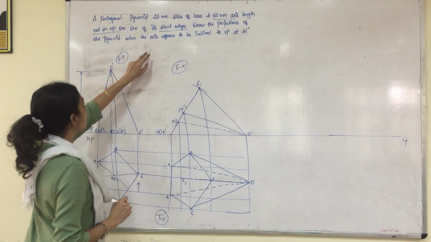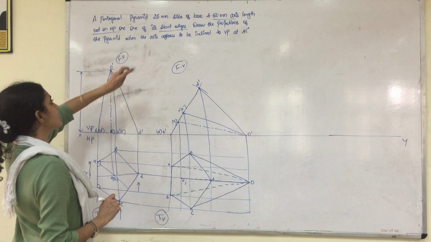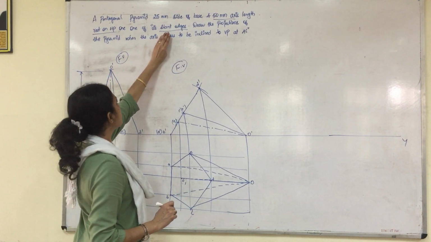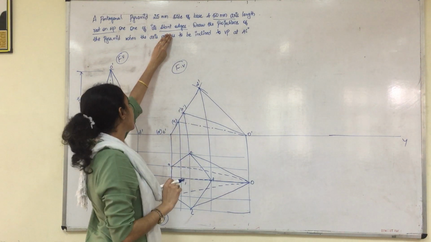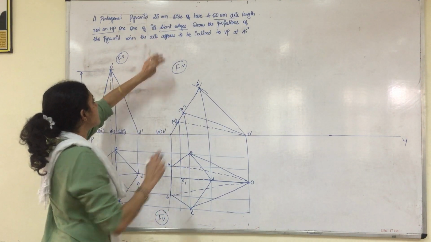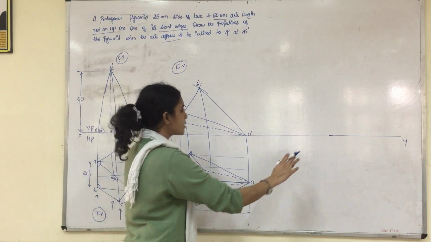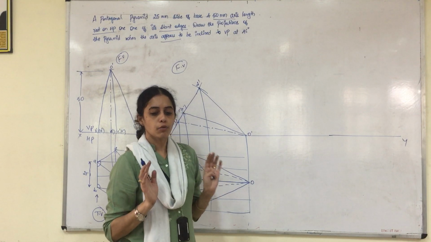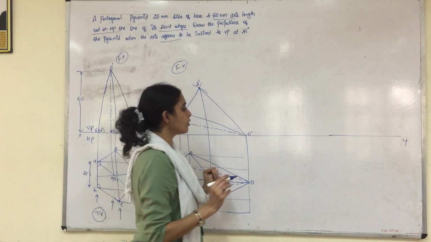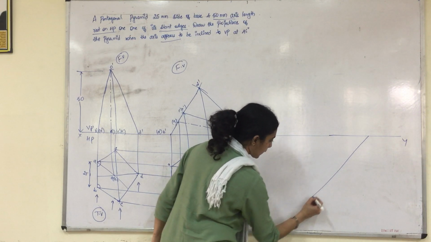It is a problem where the axis appears to be inclined. If it was told the axis is inclined to HP, then we would have to determine the apparent angle. Since it is told the axis appears to be inclined, we will directly shift the axis to our VP inclination, which is our 45 degrees. So you will take 45 degrees to VP.